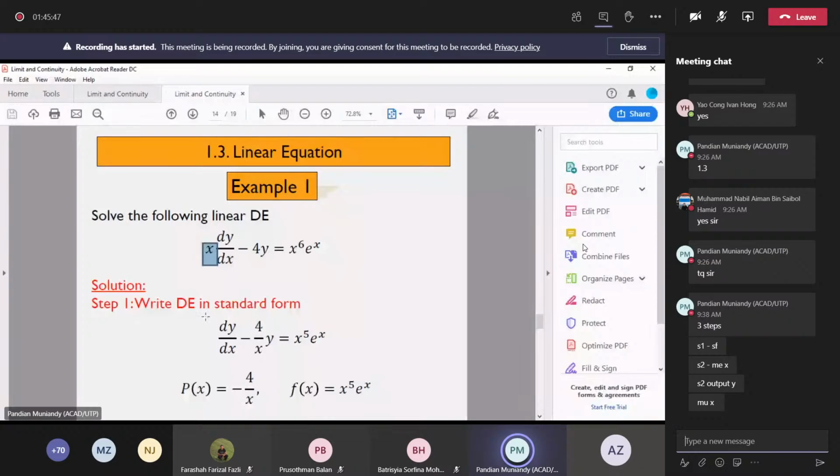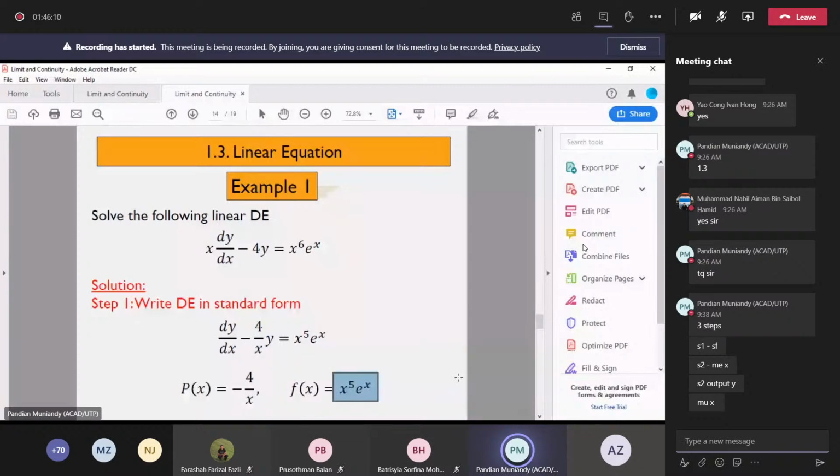This is what we call standard form. So step 1 is clear. From here, you write down P(x) because we need mu(x). So P(x) is minus 4/x, and f(x) is x power 5 e^x.